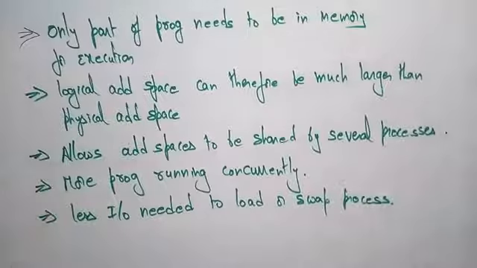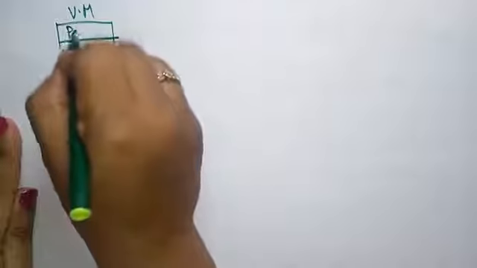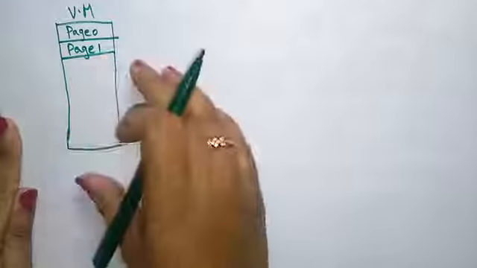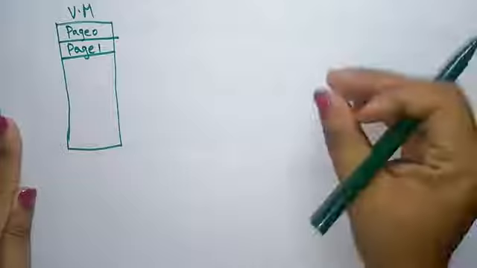Let me explain with a simple example how virtual memory deals with the physical memory. Suppose this is a virtual memory, which is also called logical memory. Let us take page 0, page 1, page 2, up to page 3. The virtual memory always uses the concept of pages, whereas the main memory, the physical memory, uses the concept of frames.